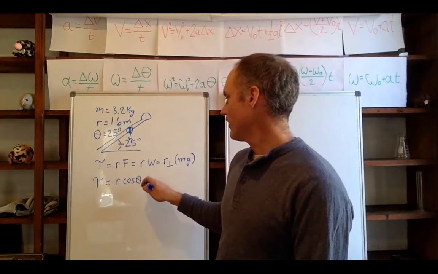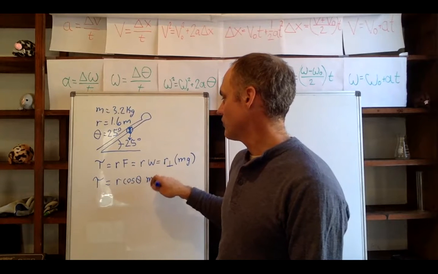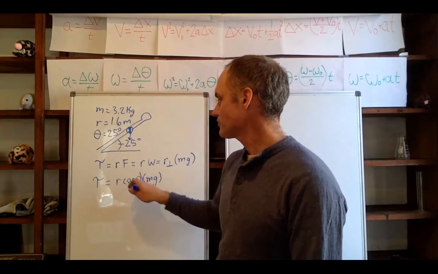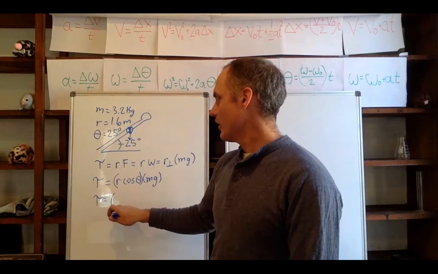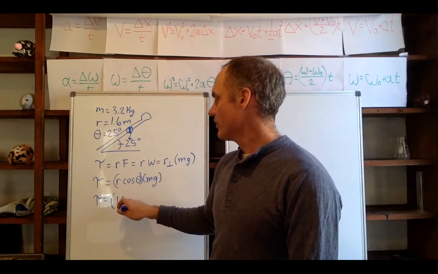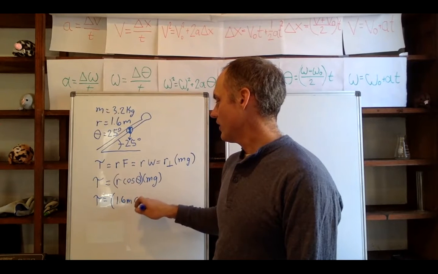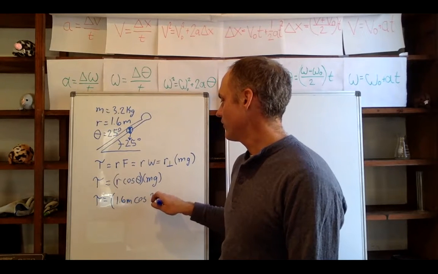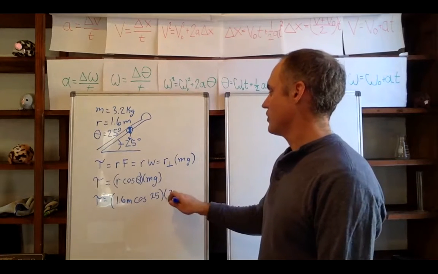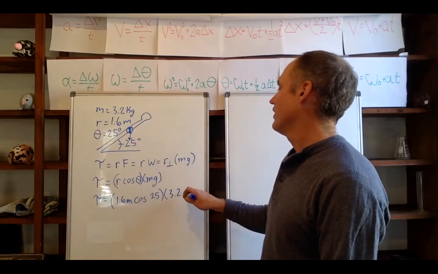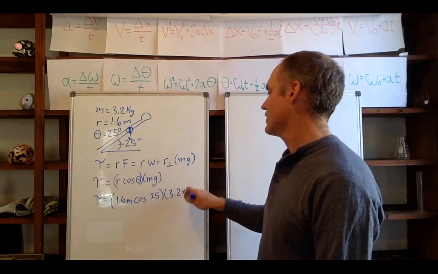R cosine theta mg. All right, so let's calculate this whole thing. So our radius is 1.6 meters, cosine of 25 degrees, multiplied by our mass, which is 3.2 kilograms, times gravity, which is 9.8.